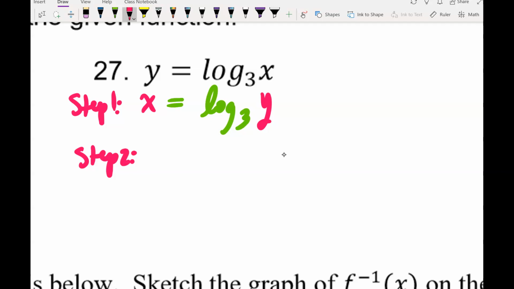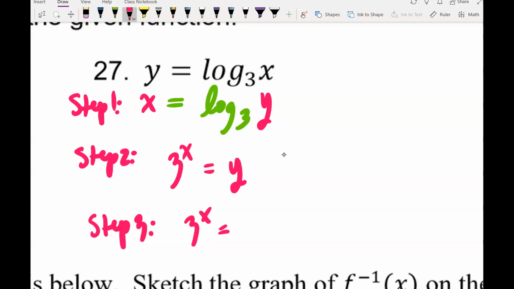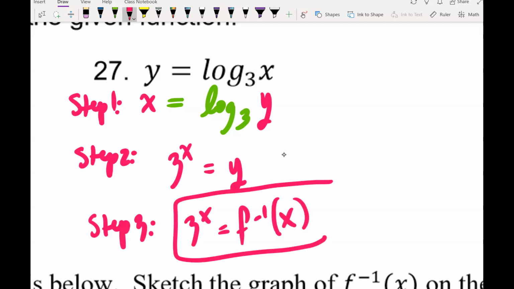If ever you're stuck with a log, always change it to exponent form. So my base would be 3. 3 raised to the x is equal to y. Step number 3, use correct notation. So 3 to the x is equal to your inverse.